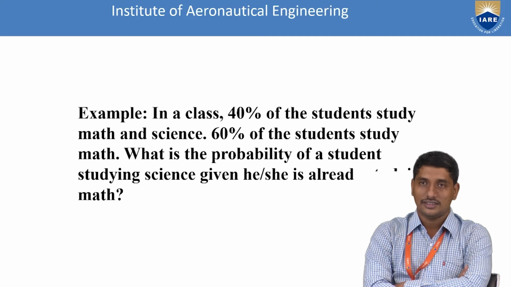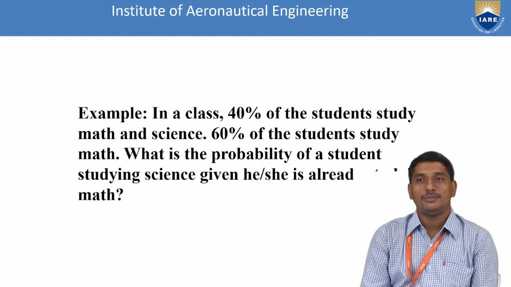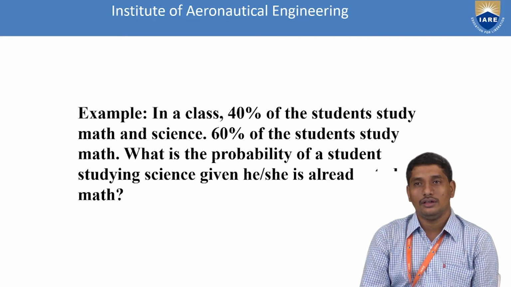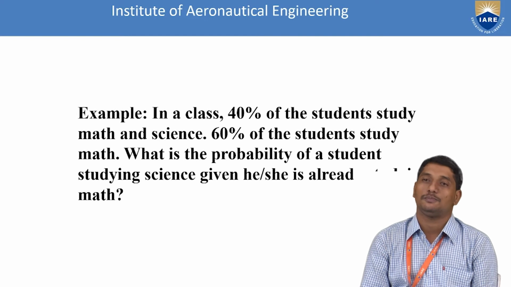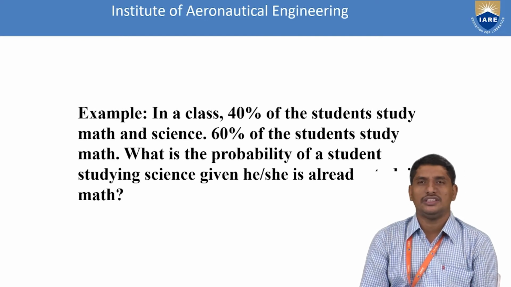With this conclusion, let us see another problem. In a class, 40% of the students study math and science, and 60% of the students study math. What is the probability of a student studying math, known that he is studying science? That means in a class, 40% of the students like both mathematics and science.